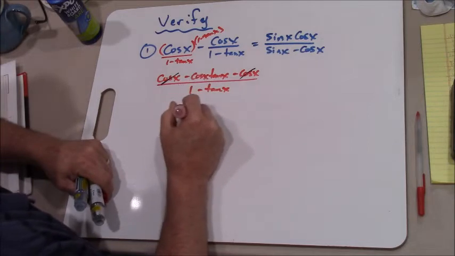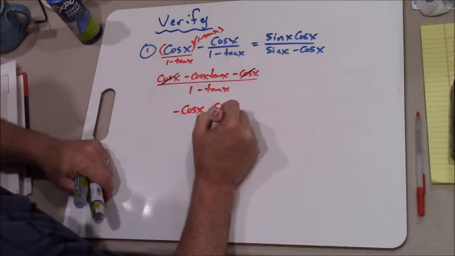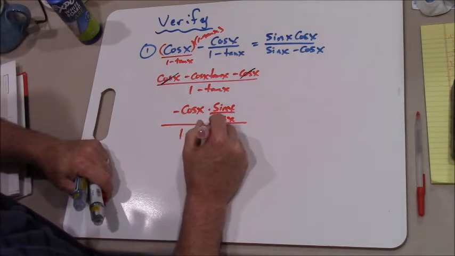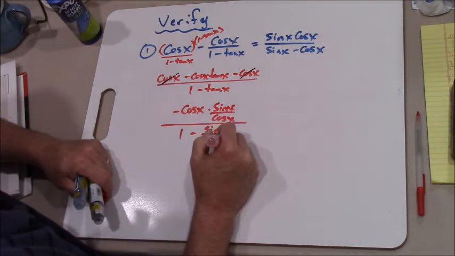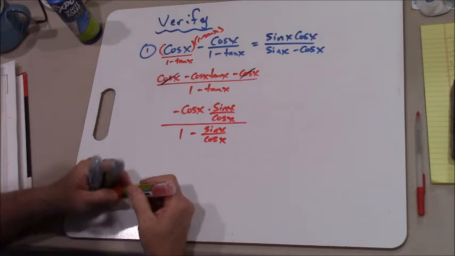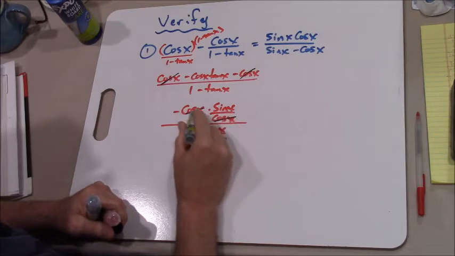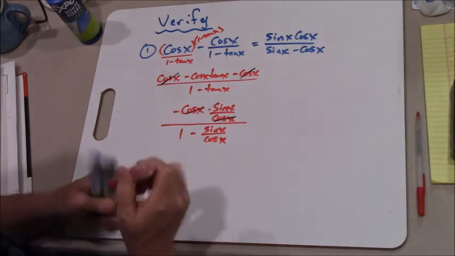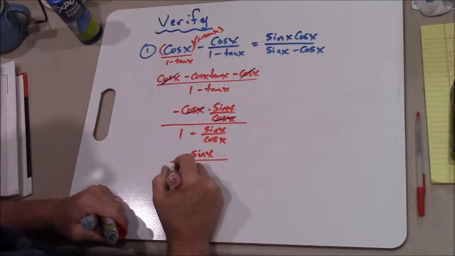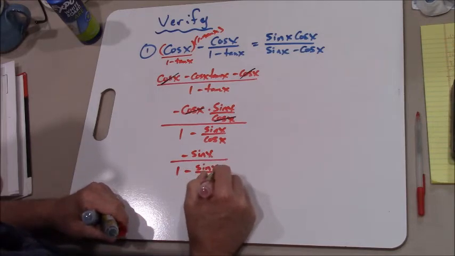So in the numerator I've got a negative cosine of x times sine x over cosine x. And I'm dividing that whole thing by 1 minus sine x over cosine x. So, again, I see that I can cancel some cosines here. Cosine x divided by a cosine x is just 1. And so now what I have is a negative sine of x over 1 minus sine x over cosine x.